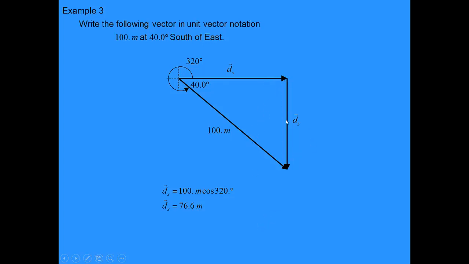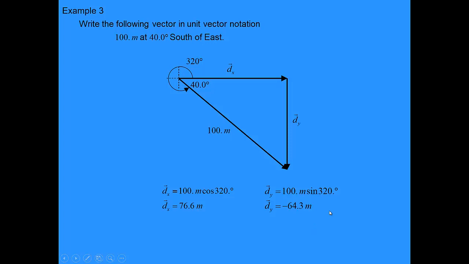On the other hand, to find dy, which is the side opposite the angle, we would use the sine function. Will it be positive or negative? Yes, it will be negative 64.3 meters. Negative because this vector is down. We're in the 4th quadrant where y's are negative. And if we use 320 degrees, the calculator will spit it out.